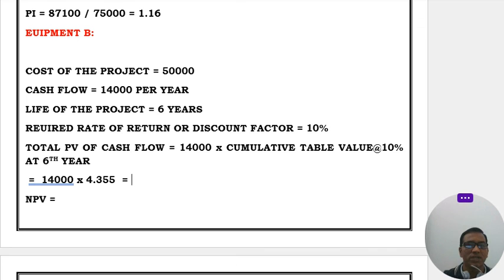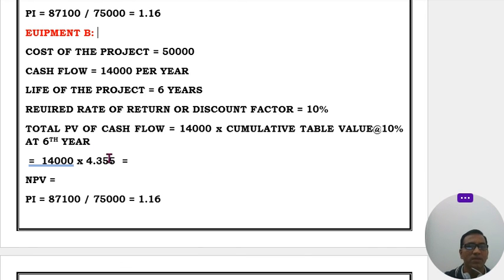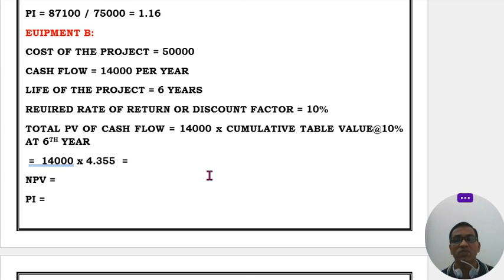So 14,000. Project B, I am calculating for equipment B. 14,000 per annum multiplied directly with the 10%, 6th year annuity table value, because no need to multiply 6 times, because the cash inflow is uniform, every year the same. 4.355, that is 60,970.